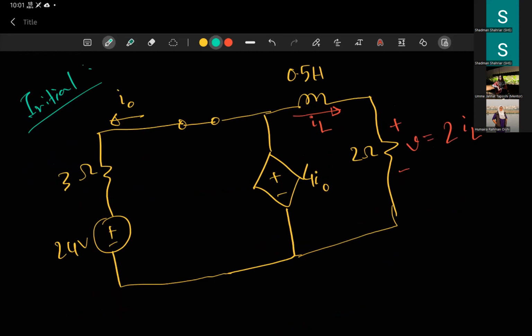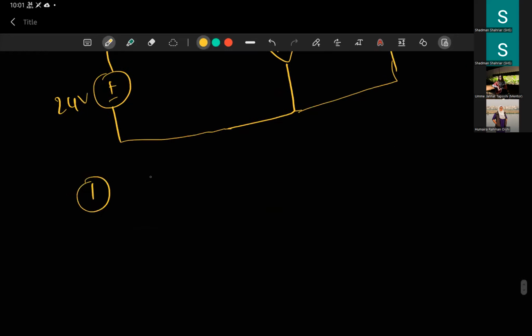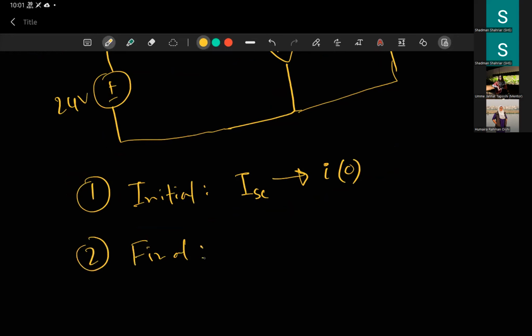If you are doing transient analysis with an inductor, first you should solve the circuit and find the ISC, which should be your I0. Again, for the final circuit, you should find ISC, that should be your I infinity.